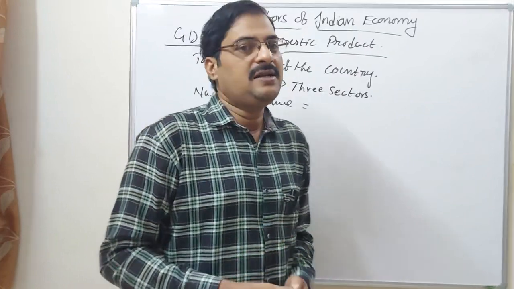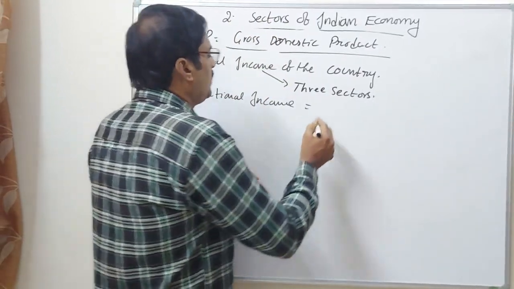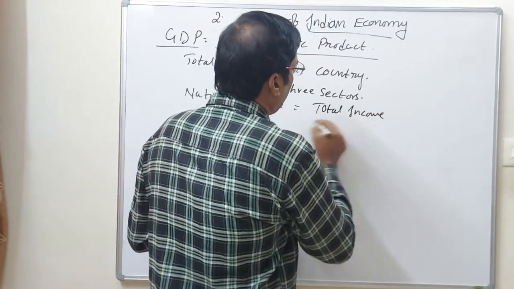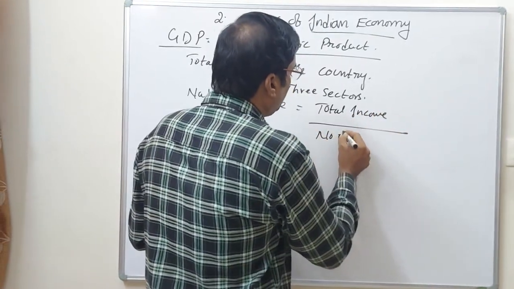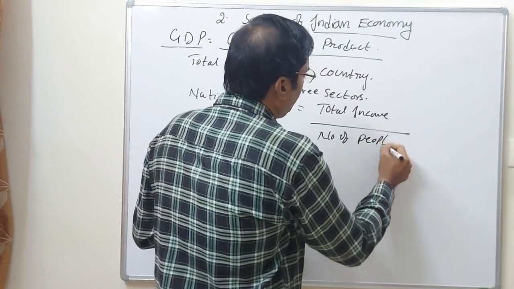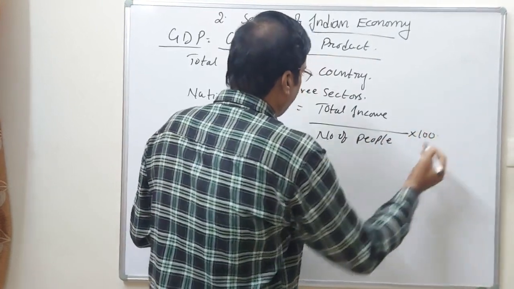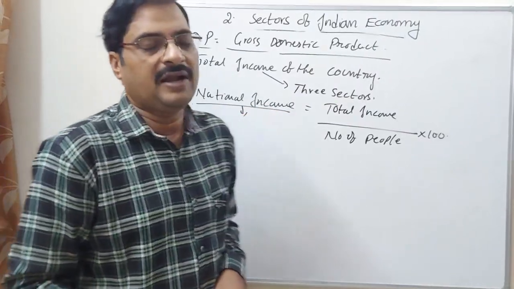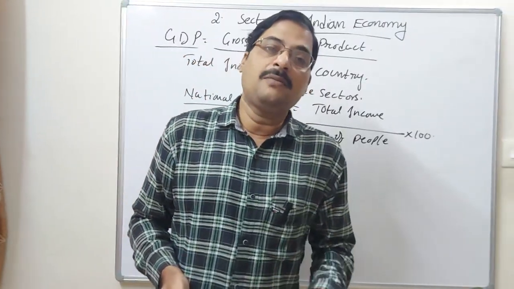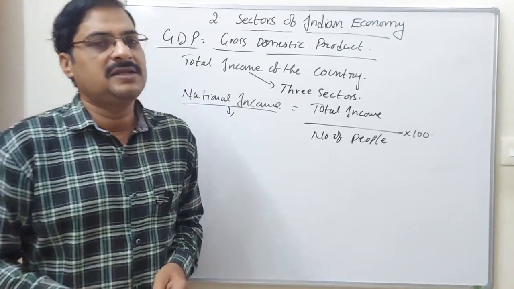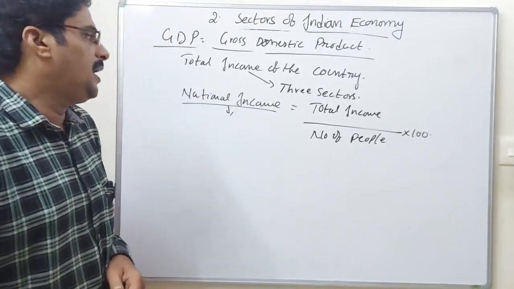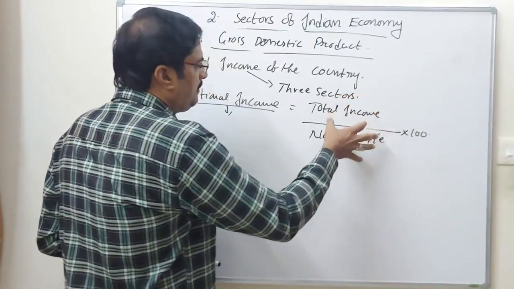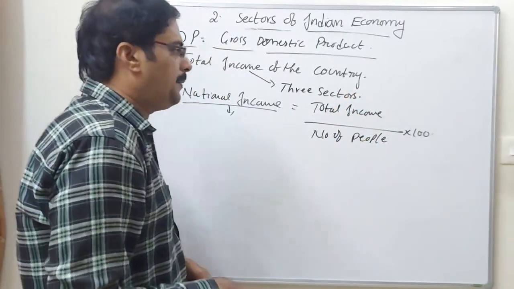Whereas national income means total income divided by the number of people, into 100. What is the meaning of national income? Income of the country is called the national income. In this, the total income of the three sectors is divided by the number of people.